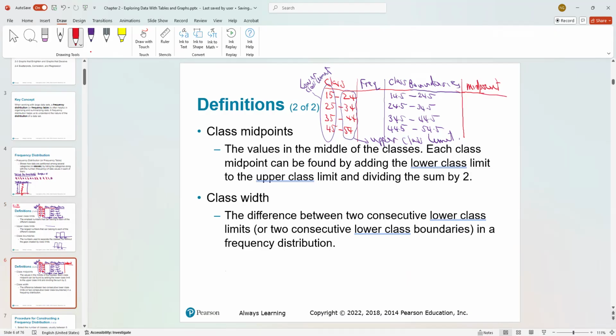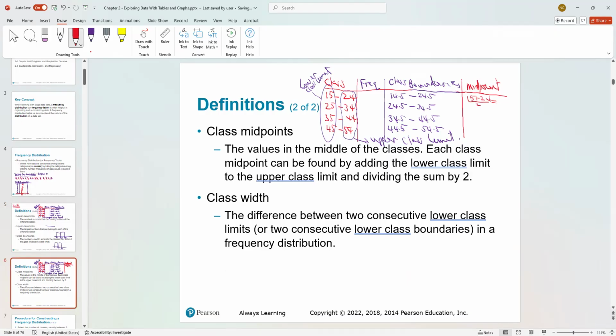You take the two different limits: you have the lower limit plus the upper limit, and you divide by 2.